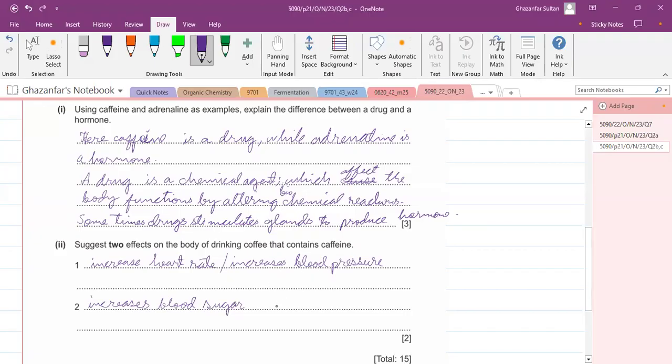So there are so many effects of adrenaline on the body, or indirectly, these are the effects of caffeine if you are taking coffee or tea. But we are asked to write only two suggested effects, so we can write any two of these. So that was the last part of the question.